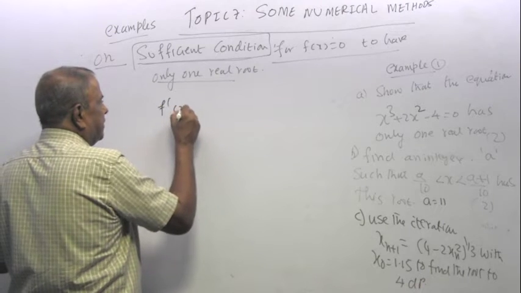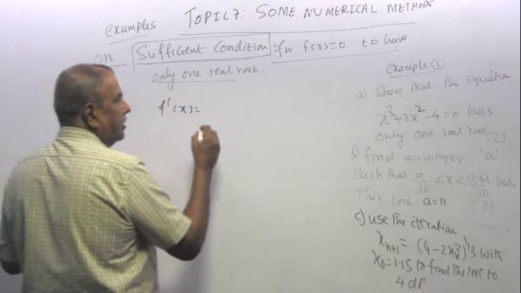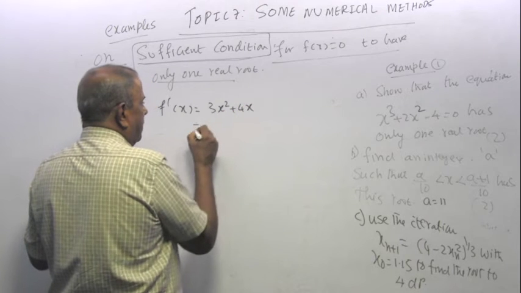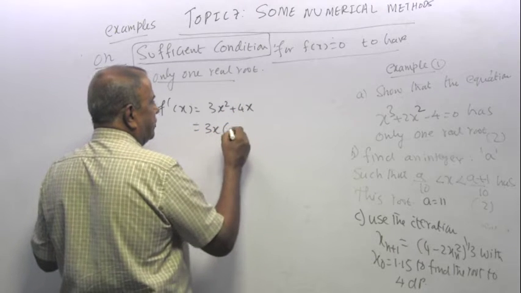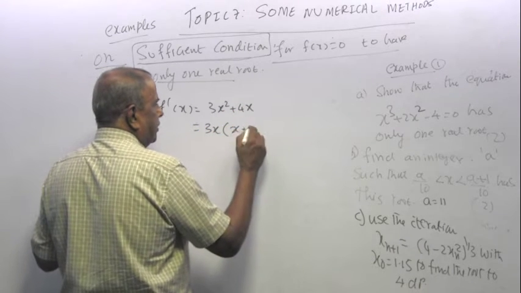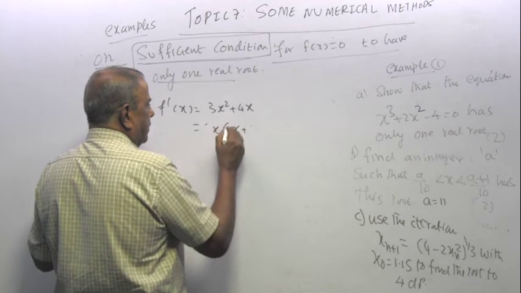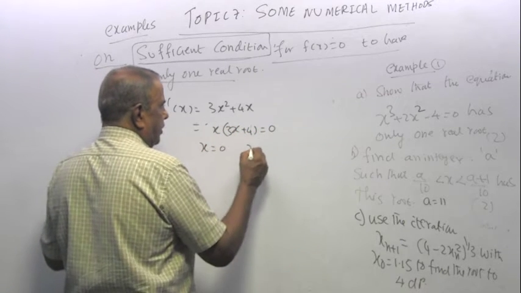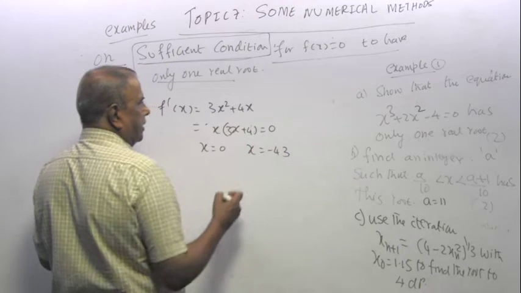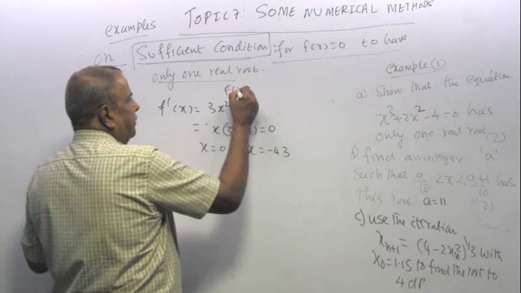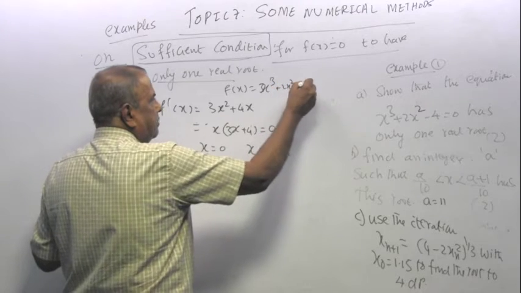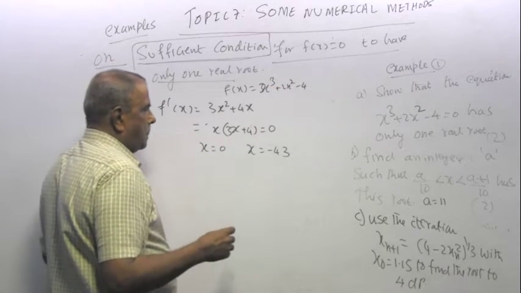What is f dash of x? It is 3x squared plus 4x, which is 3x times x plus 4, x times 3x plus 4, equated to 0. I get x equals 0, x equals minus 4 over 3. f of x is x cube plus 2x squared minus 4. Very good.